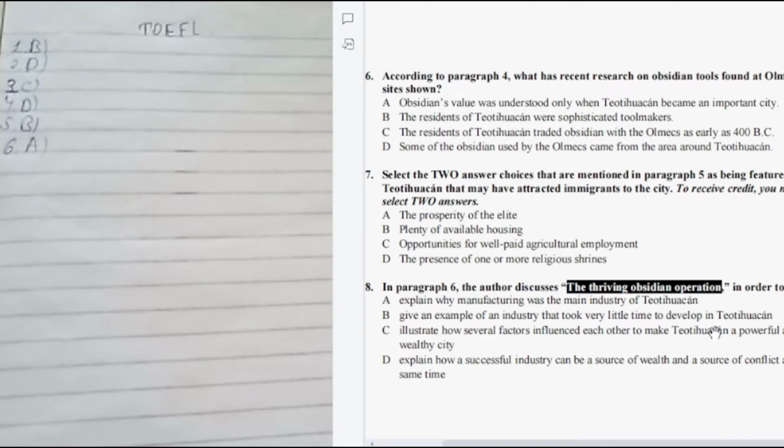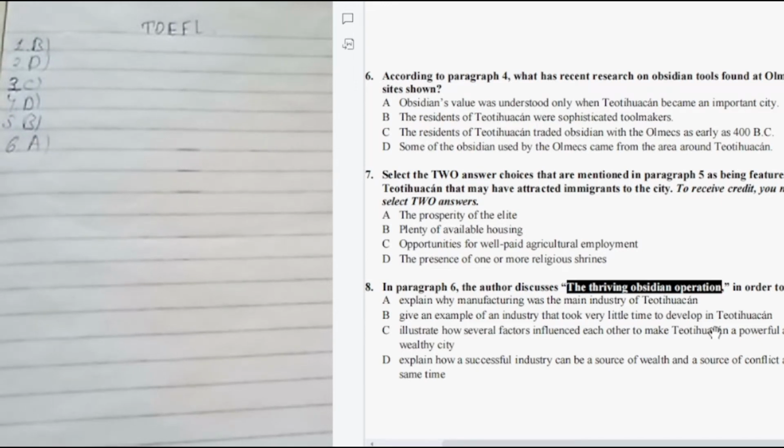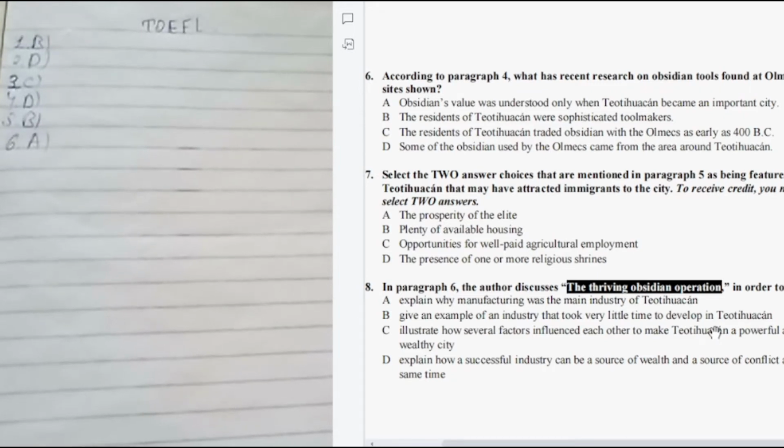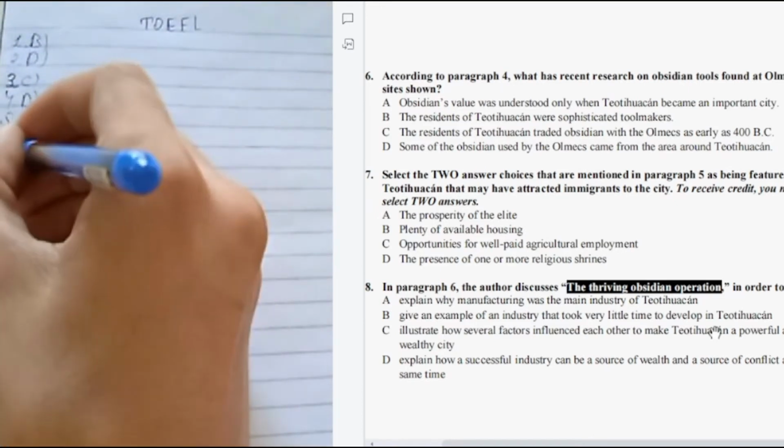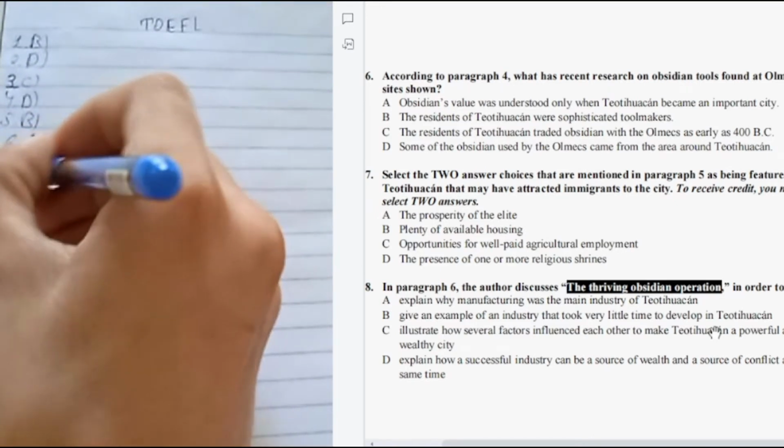The prosperity of the allied, plenty of available housing, no. Opportunities for well-paid agricultural employment, no. The presence of one or more religious shrines. Correct answer is B, A, and D.